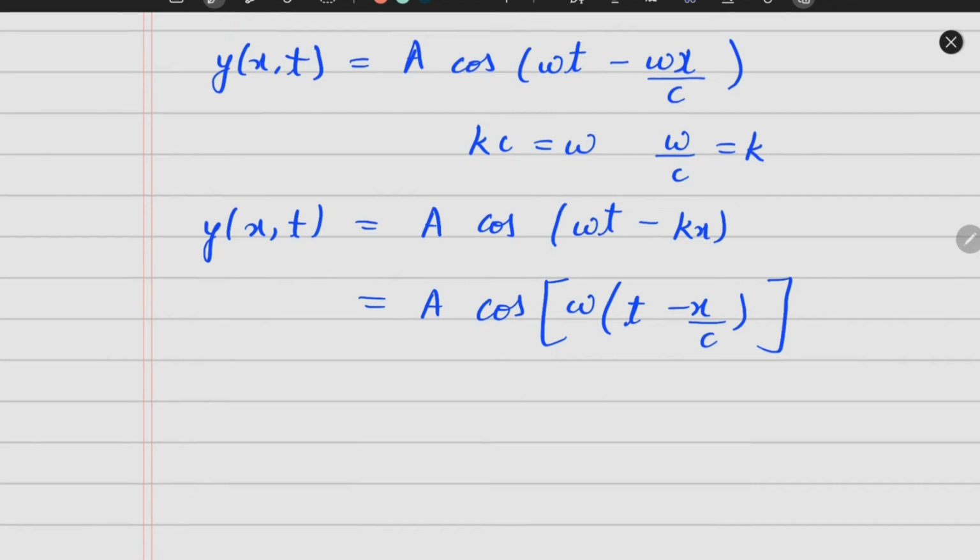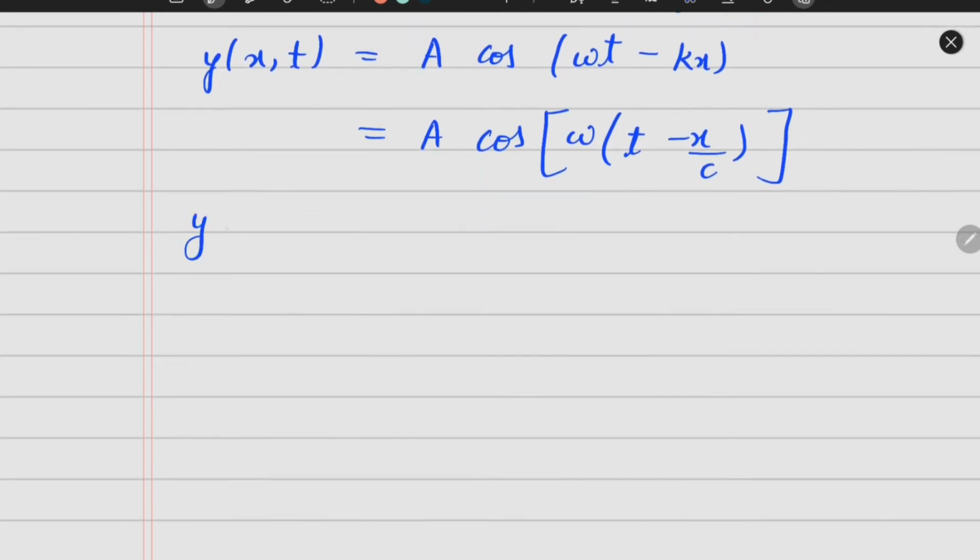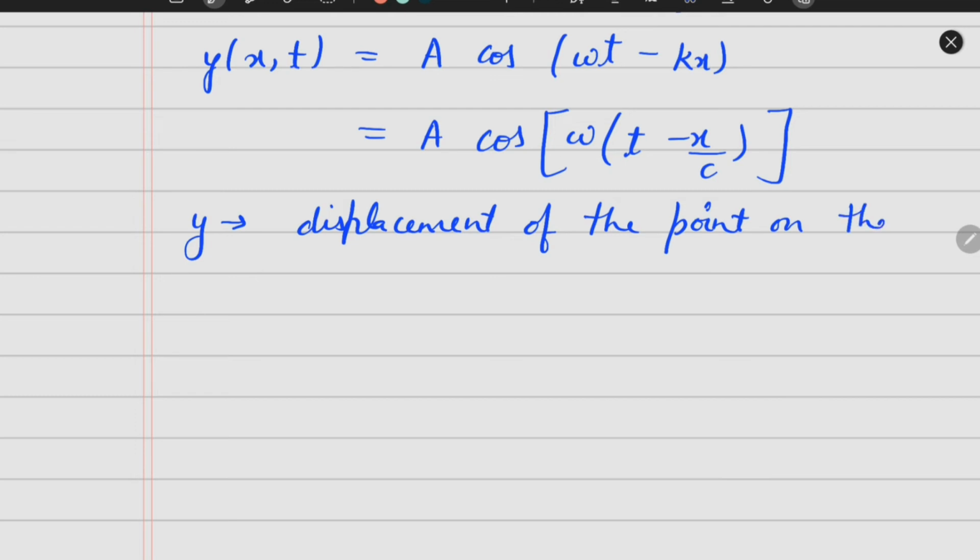Okay, so here y is the displacement of the point on the traveling sound wave.